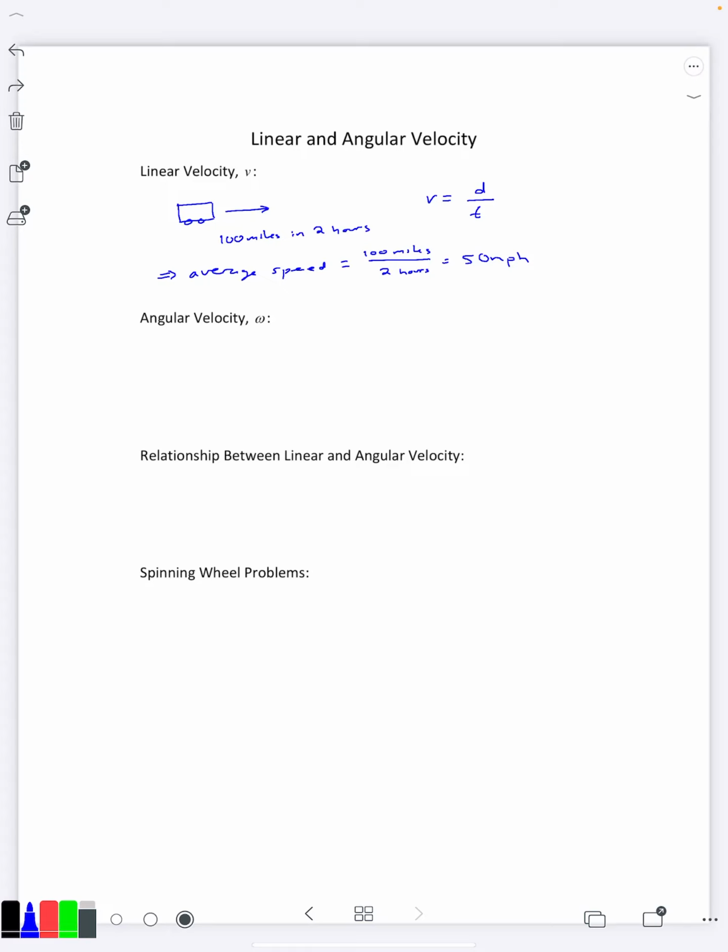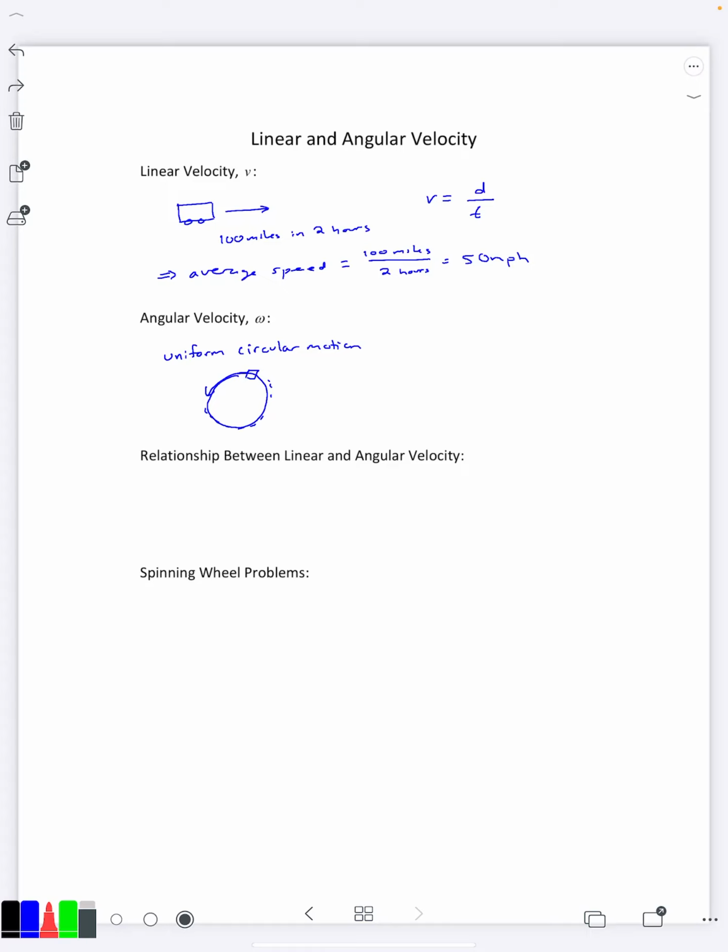This next one, angular velocity, is not going to be traveling a straight line. It's only talking about something rotating. So the terminology we use here is uniform circular motion. And in this case, that means you have some sort of object that's traveling around and round and round a circle. It's rotating here. And if we want to talk about how fast it's rotating, we will usually use angular velocity.